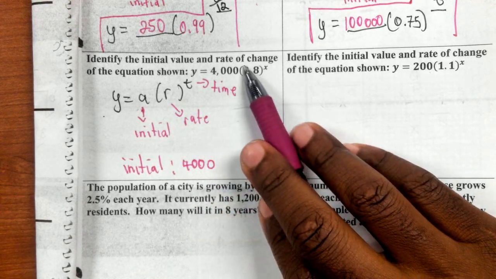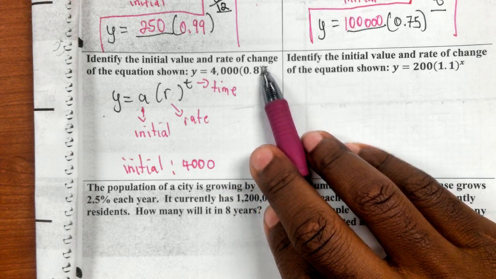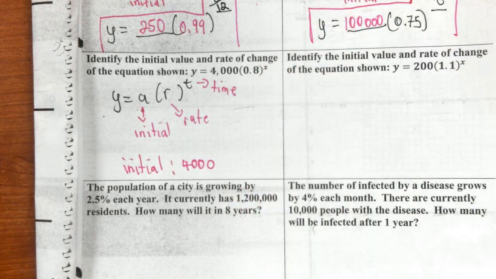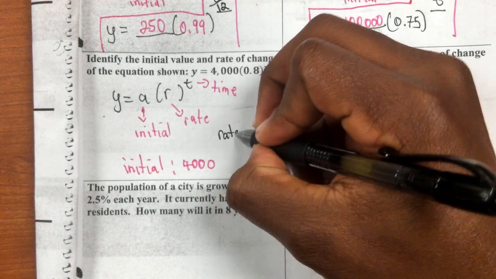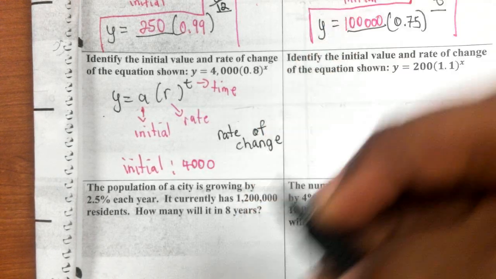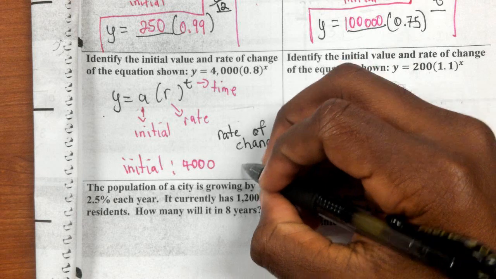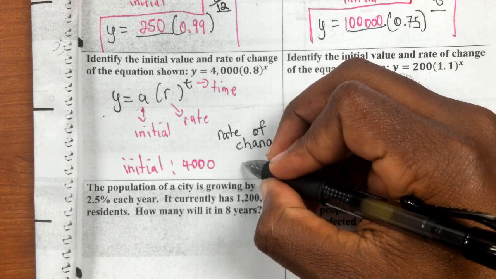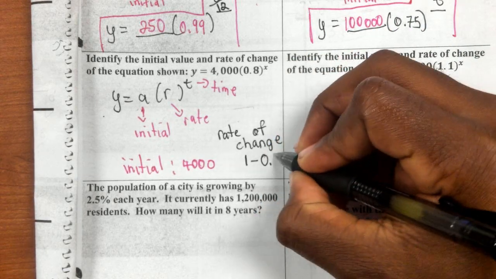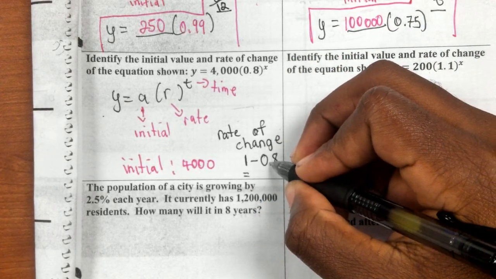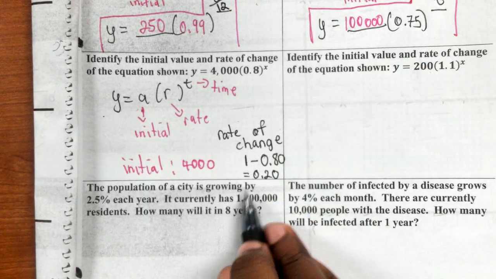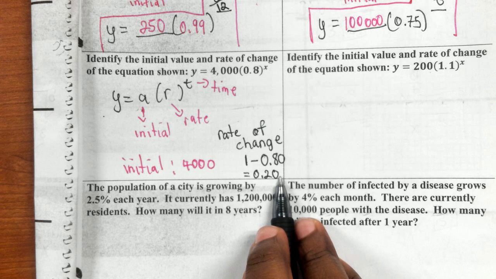But in reality, you're trying to find the rate of change, okay? So to figure out the rate of change, guys, you're going to do 1 minus this number that's here, okay? So 1 minus 0.8 is 0.20, all right? 0.20 is the same as 20%, all right?